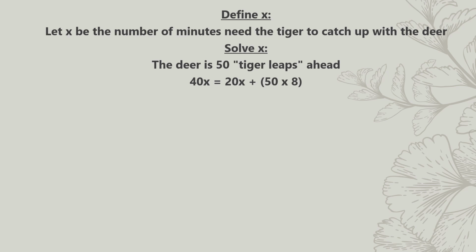So 50 into 8 means the tiger needs to cover that distance, plus the deer is taking 20 meters per minute. So we are adding that, and both will give the distance taken by the tiger to reach the deer.